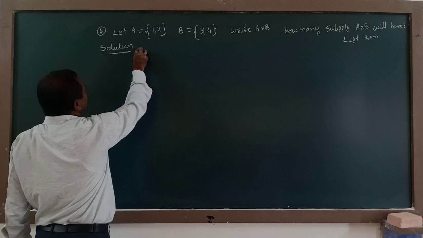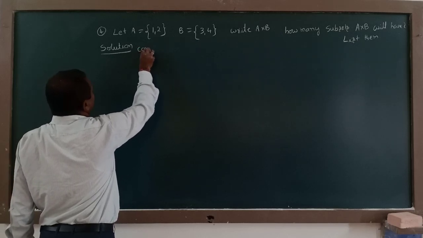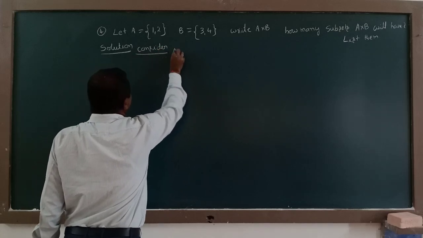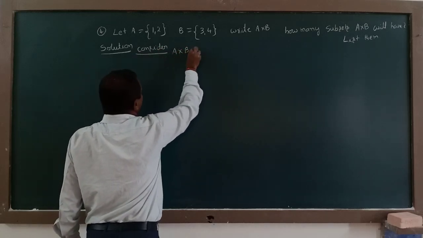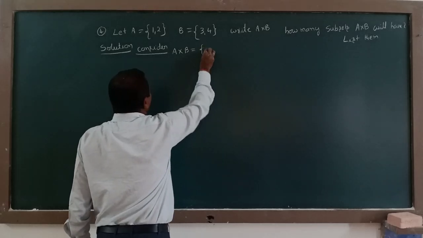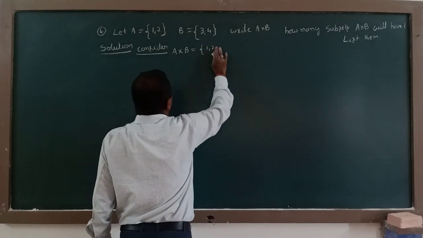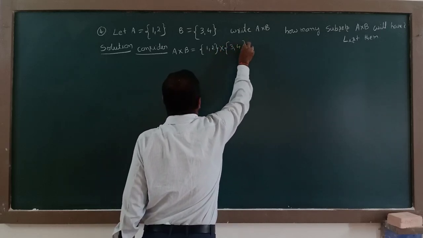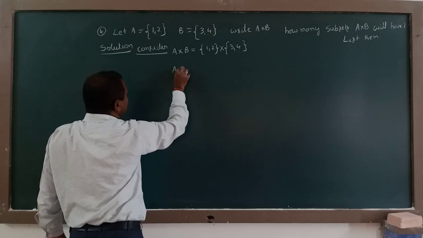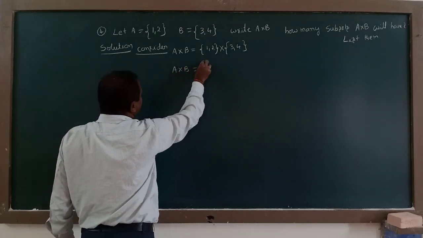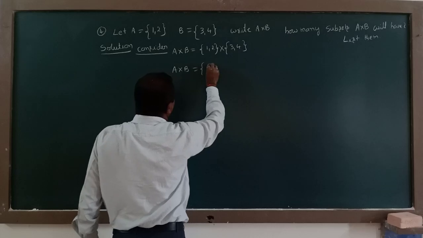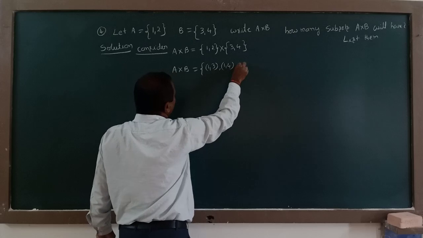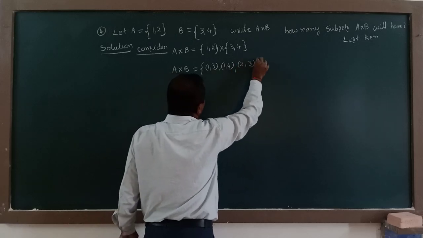So let's consider A cross B. A is 1, 2 and set B is 3, 4. A cross B is equal to (1, 3), (1, 4), (2, 3) and (2, 4).